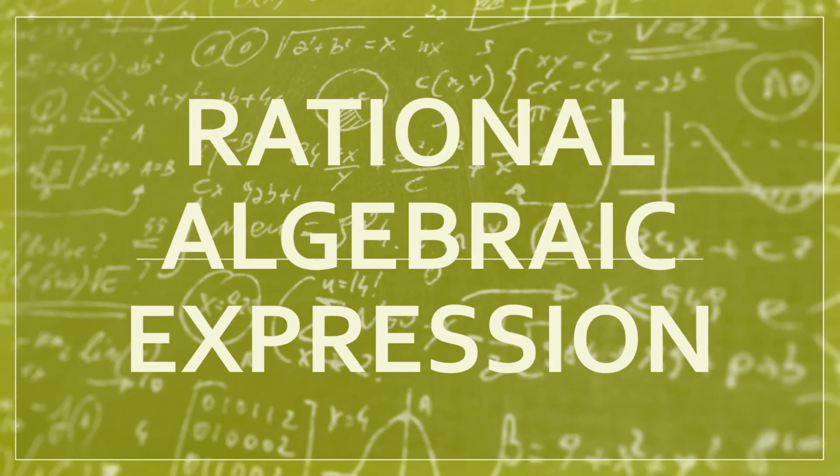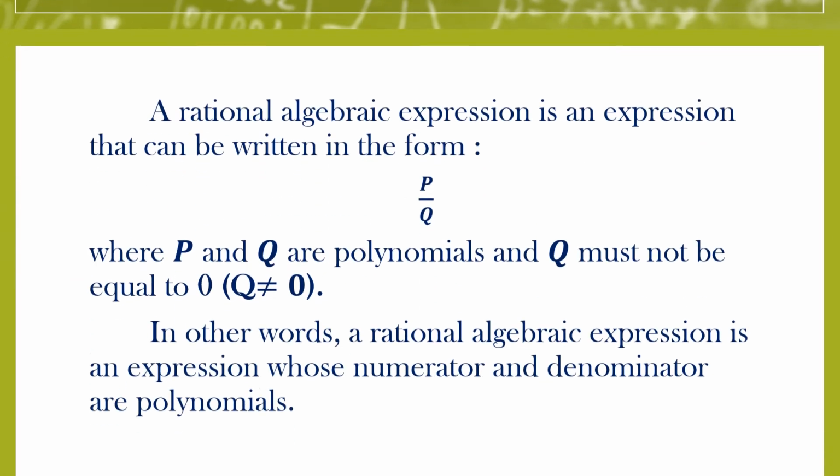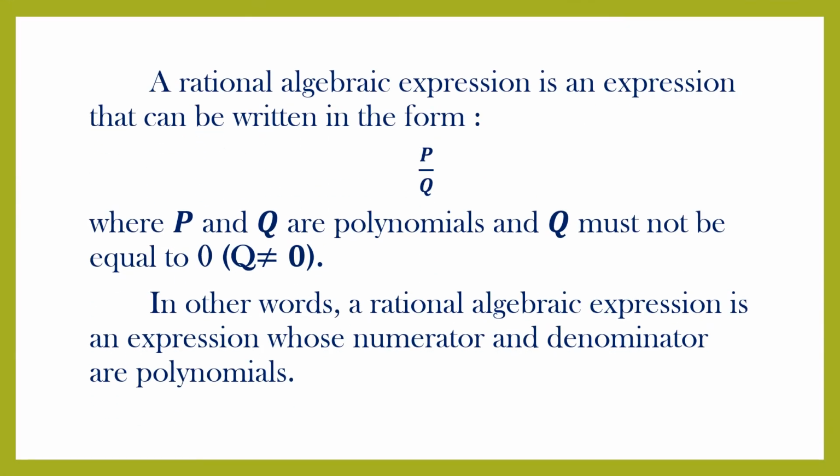Now, let us begin our lesson with the rational algebraic expression. A rational algebraic expression is an expression that can be written in the form P over Q, where P and Q are polynomials, and Q must not be equal to 0. So, yun yung rule.